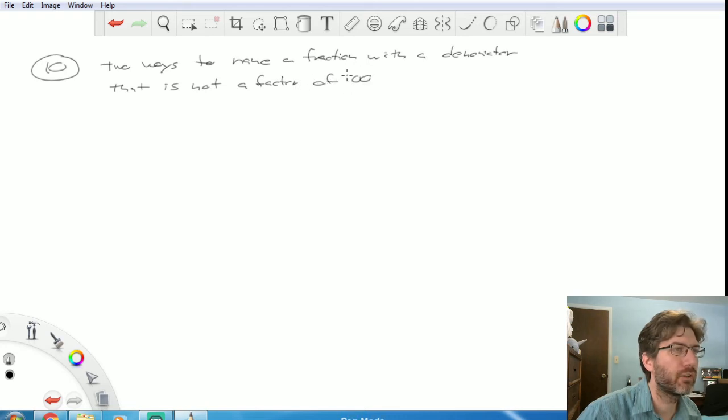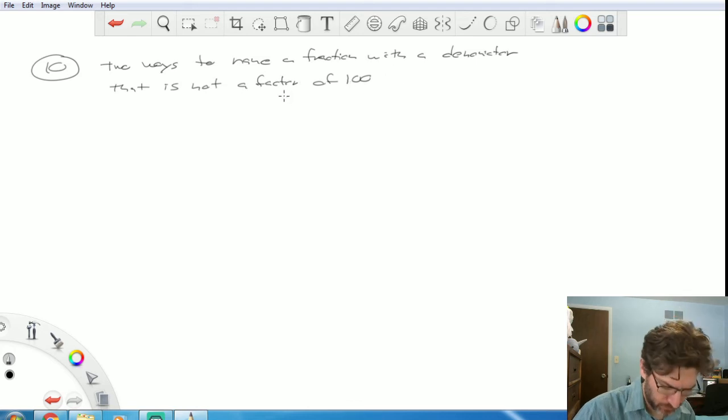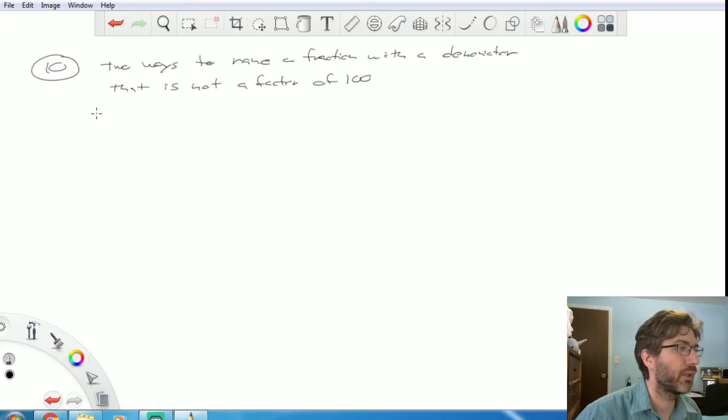So the denominator cannot be a factor of 100, so let's pick a number. Well, we've been doing a lot of 8s lately. 8 is not a factor of 100.